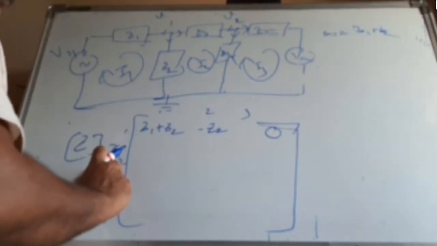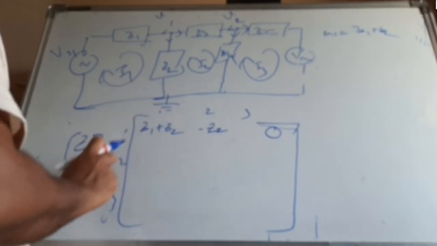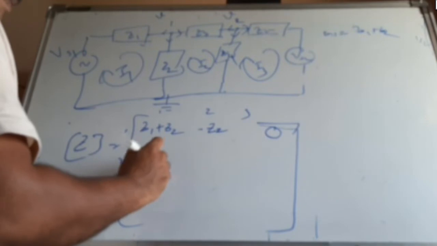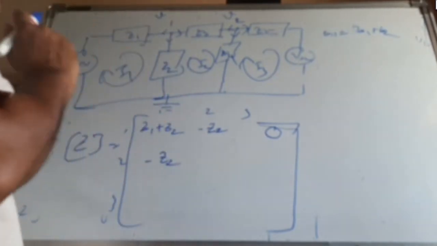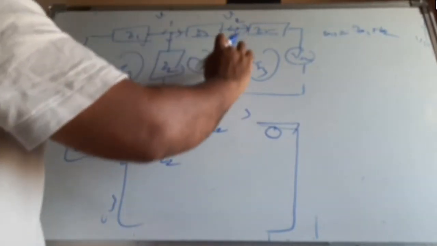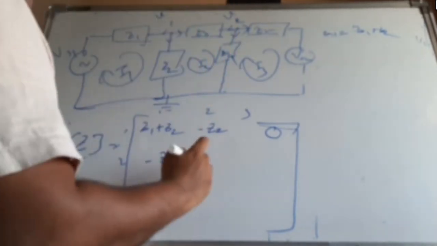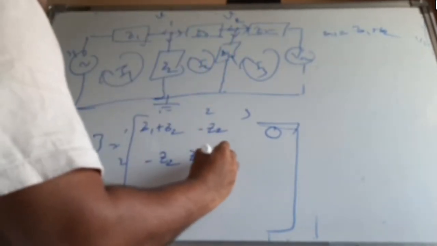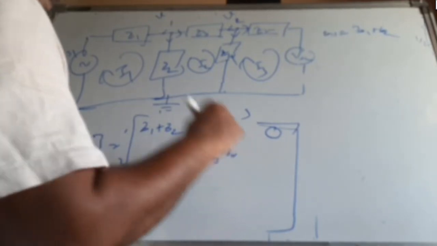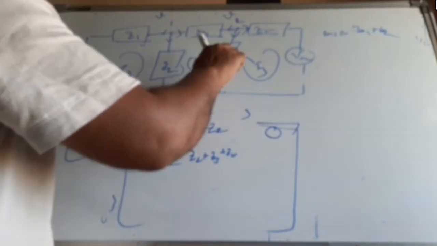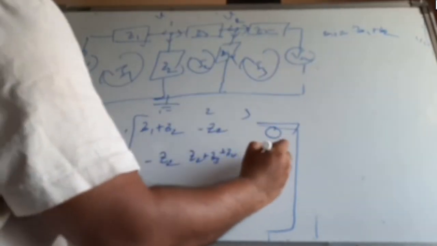Now this is Z21, the impedance common between 2 and 1, the same thing: minus Z2. What is Z22? The sum of the impedances connected in loop 2: Z2 plus Z3 plus Z4. The impedance common between loops 2 and 3 is minus Z4.